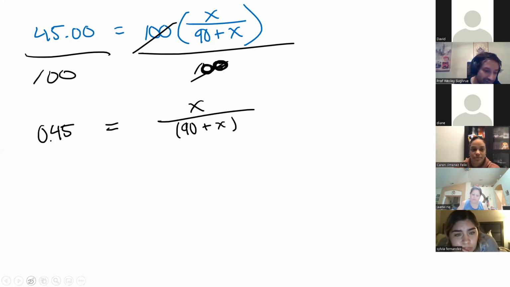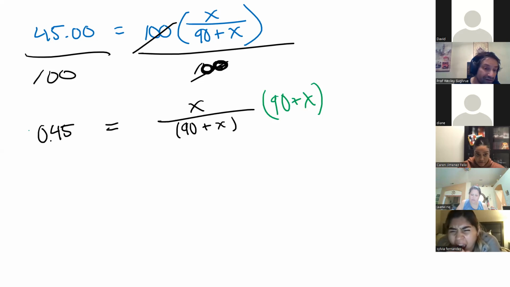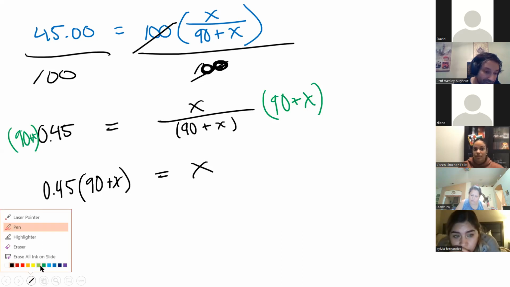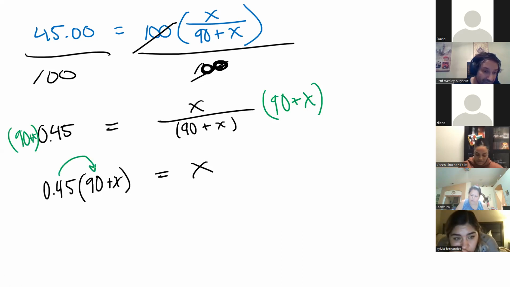You then multiply both sides by 90 plus X, which then gives you 0.45 times 90 plus X is equal to X. Then from there, the next step is this thing gets distributed in.